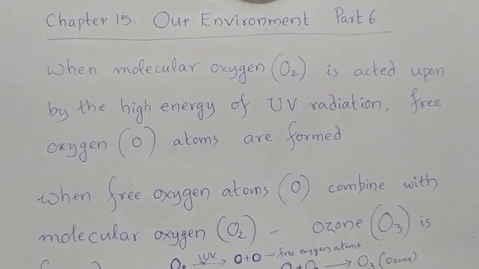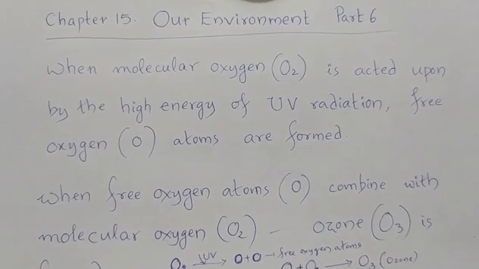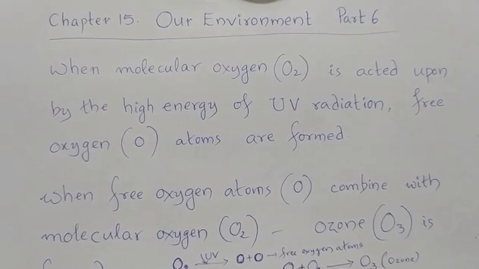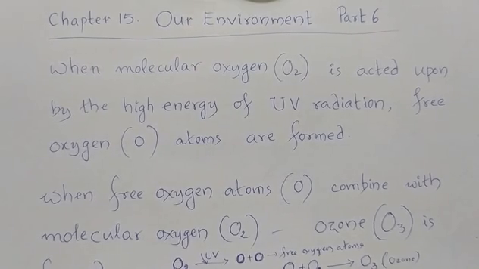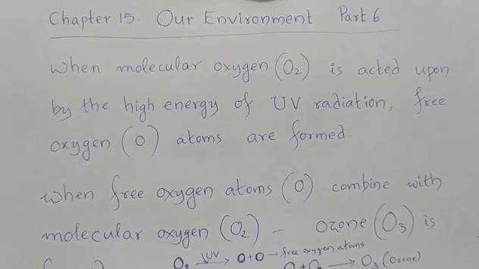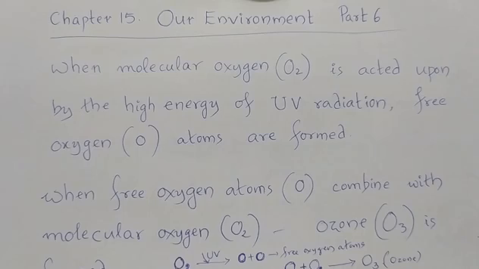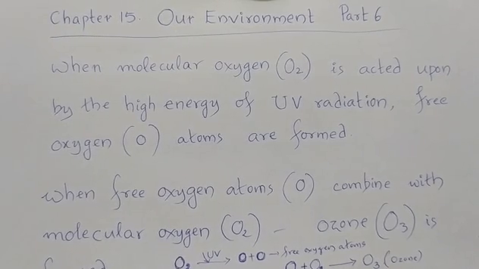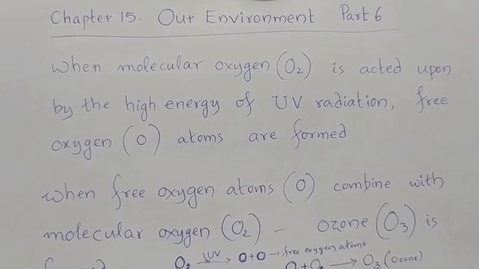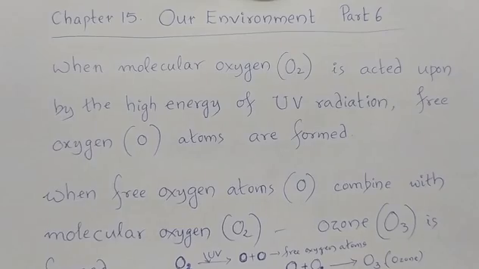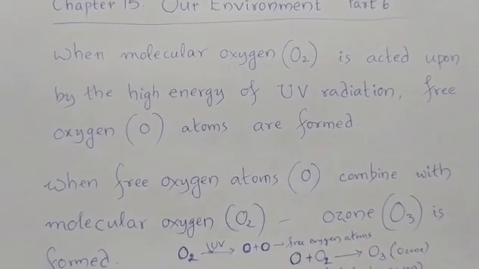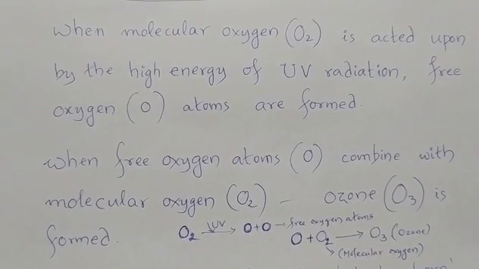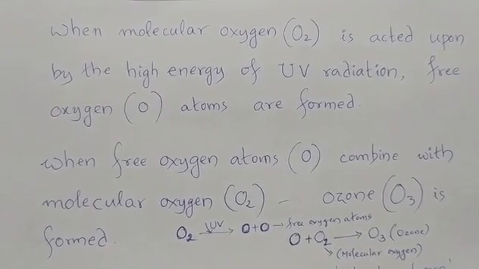Free oxygen atoms are formed when the high energy of UV radiation acts on molecular oxygen. The molecular oxygen gets split into two free oxygen atoms upon the action of the high energy of ultraviolet radiation. When free oxygen atoms combine with molecular oxygen, ozone is formed.